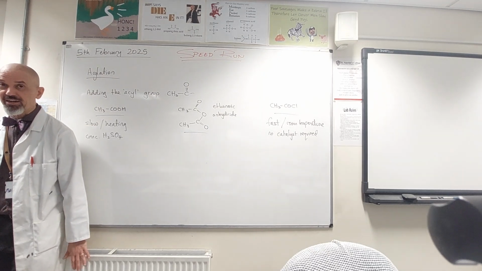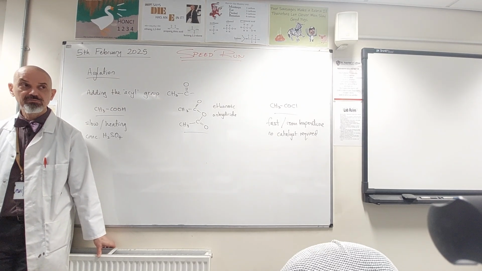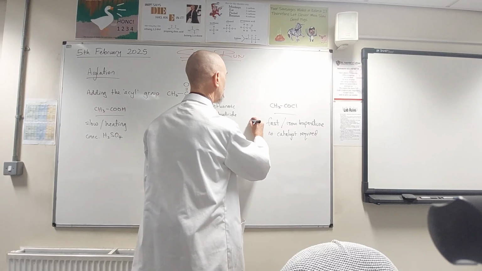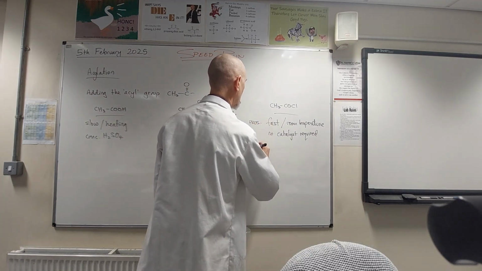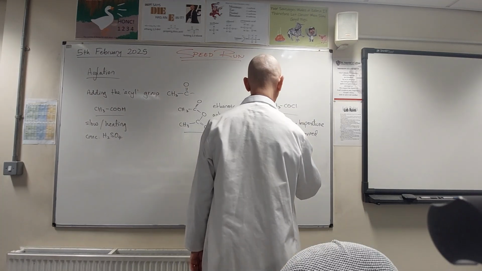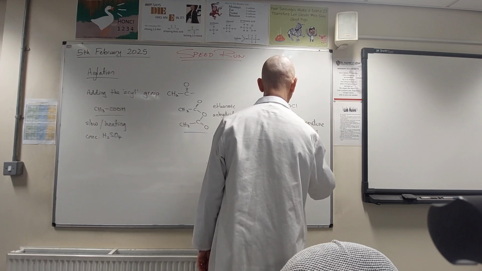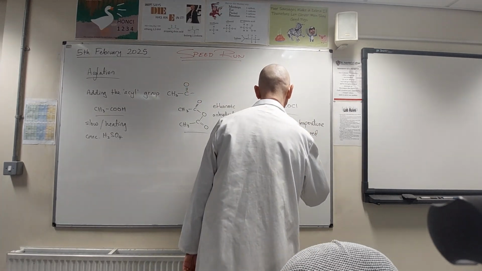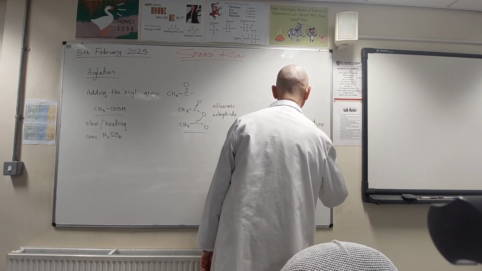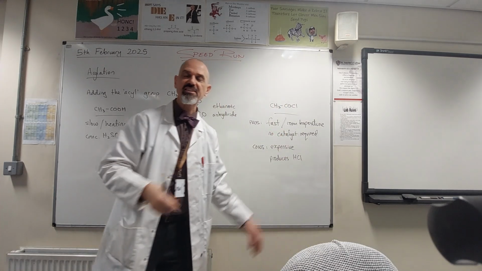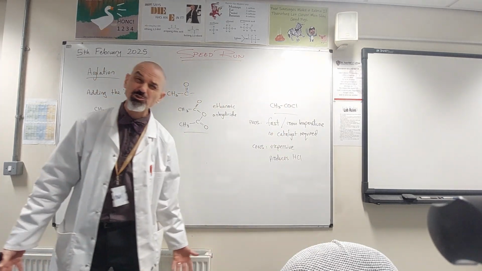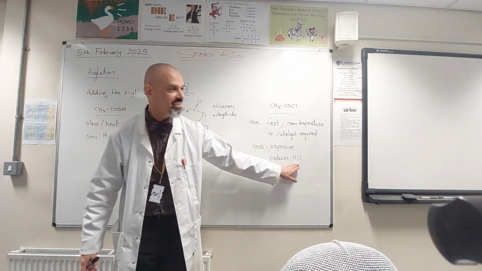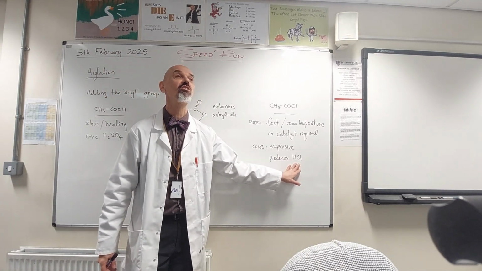But ethanoyl chloride has its downsides as well. What are those? Expensive, thank you. Produces HCl, which in a lab situation makes it a useful chemical test, but in an industrial situation, large quantities of HCl clouds, not good.